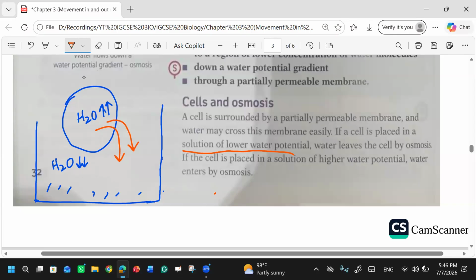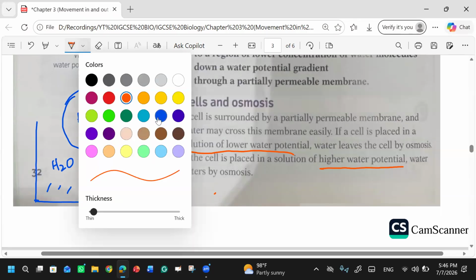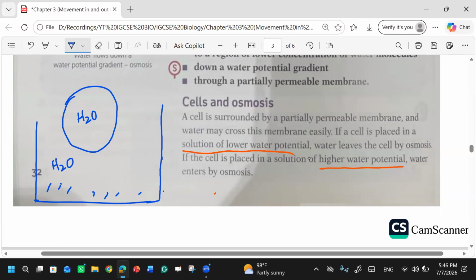And on the other hand, if the cell is placed in a solution of higher water potential, if we reverse this, the solution's water potential is more, but water potential in the cell is low.